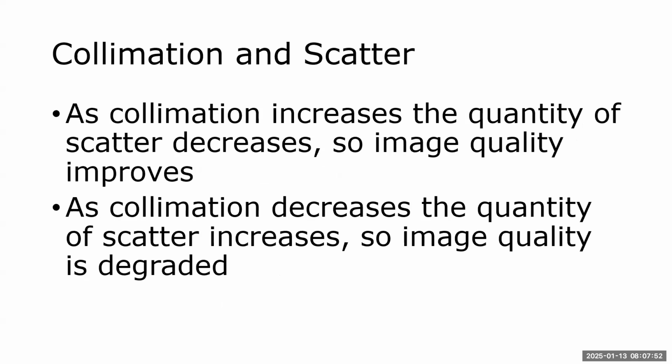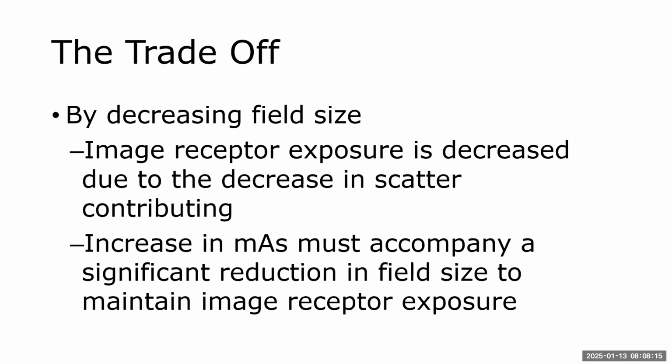So image quality is going to go up. Anytime we can get rid of scatter, image quality is going to go up. As collimation decreases, the quantity of scatter increases because now we're exposing more field size on the patient. So image quality is going to be degraded. So there's a trade-off.